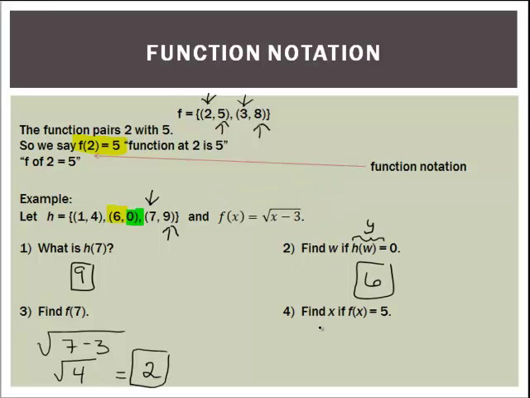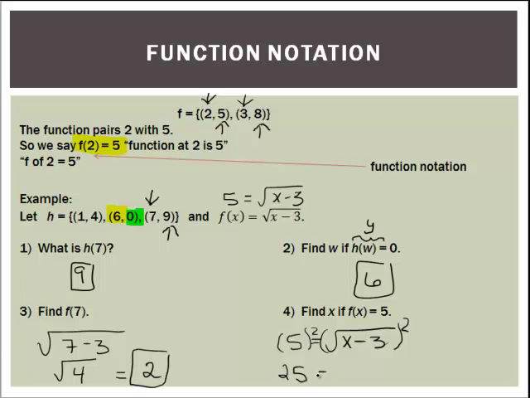So how about the next one? Find x if f of x is equal to 5. Remember, when they write it like this, they're telling you what y is. So here you're going to put the 5 equals the square root of x minus 3. So that's how we find out what x is. To get rid of the square root, we need to square both sides.